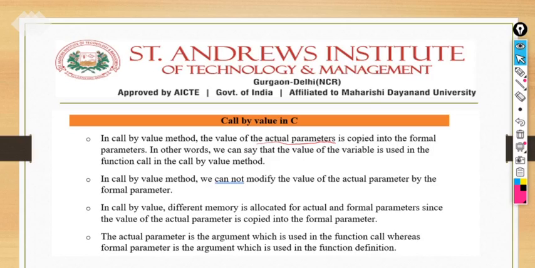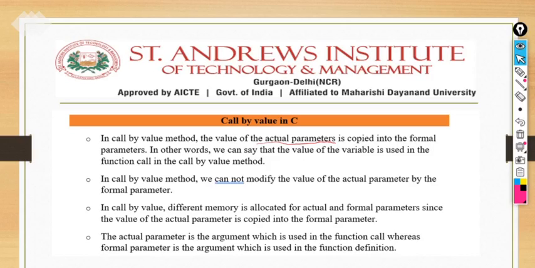And the formal parameters are the parameters that you give at the time of the definition of the function. Either you define the function outside main or inside, it's up to you, but during the definition of the function, whatever parameters you use are known as formal parameters. I hope it is clear.